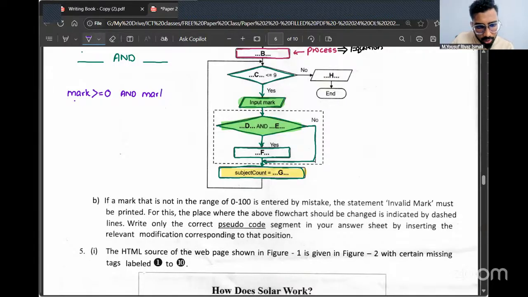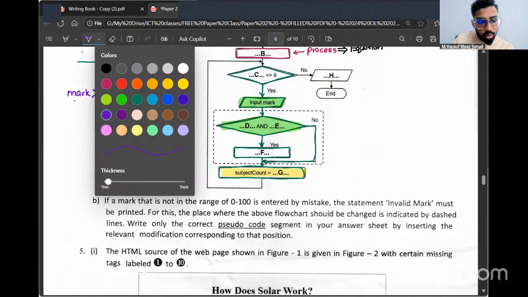Or you can also mention the marks is greater than or equal to 0, that's one option, and less than or equal to 100, the other part, right?